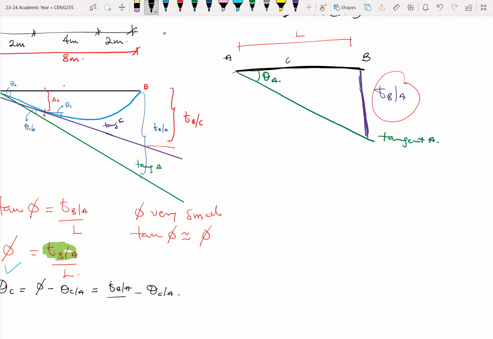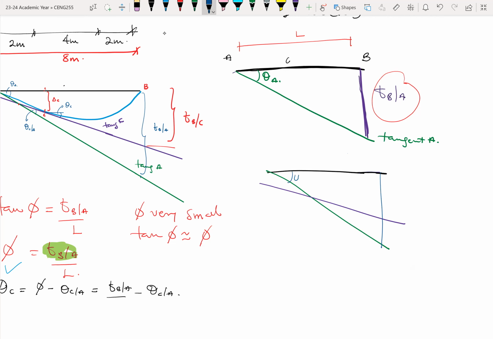Okay. So I have the beam and I have this angle here. So this is tangent A. And I also have somewhere here tangent C. Okay. So I have this here.